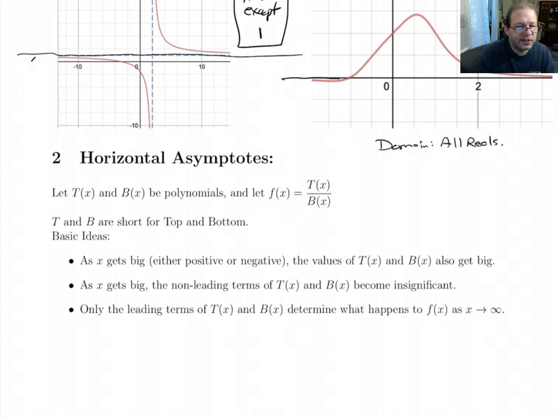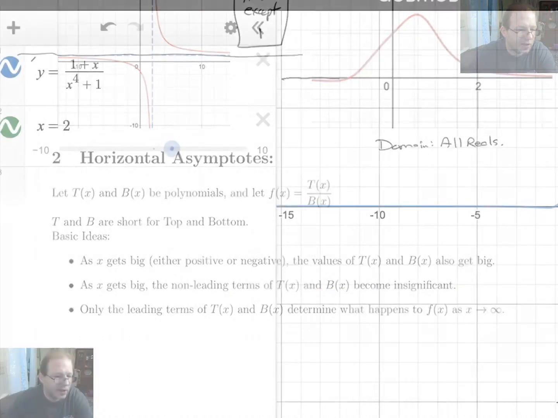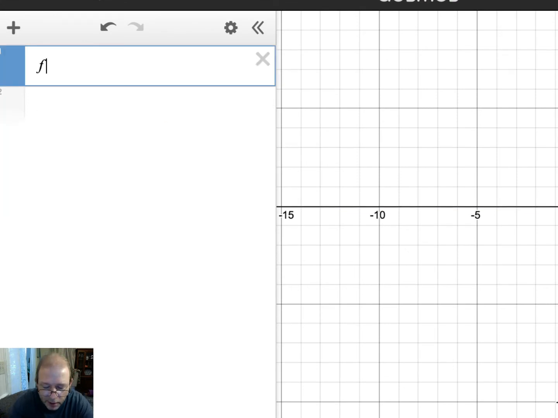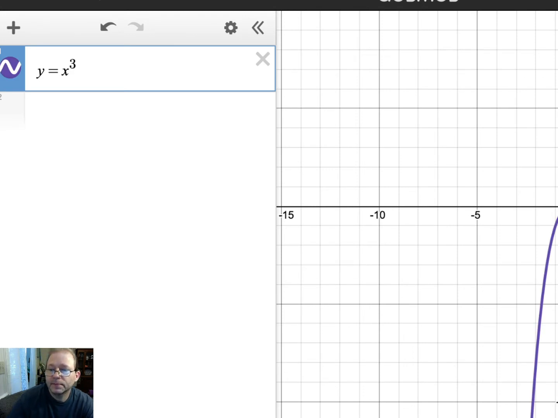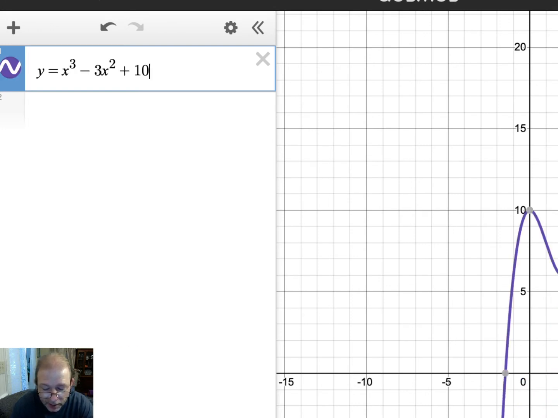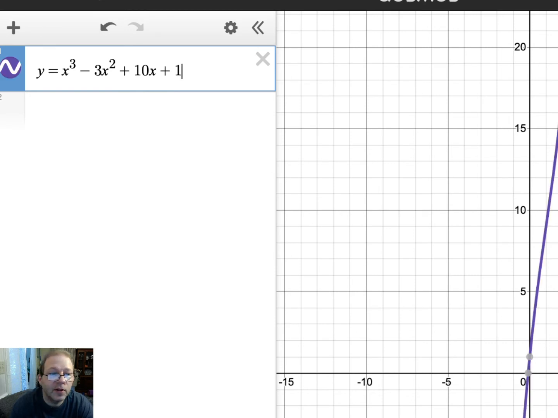And so that's the first thing. The second thing says, as x gets big, the non-leading terms of t of x and b of x become insignificant. Let's play with Desmos for a second on that. Let's just say I put in y equals x to the third, minus 3x squared plus 10x plus 1, something like that.